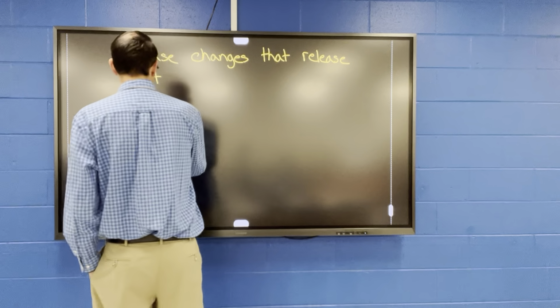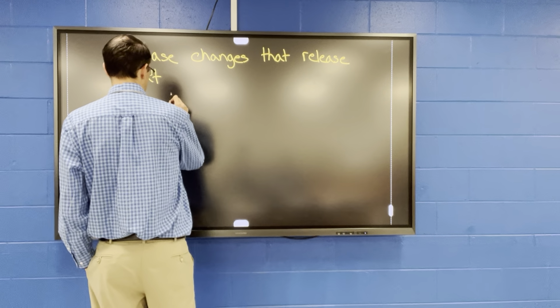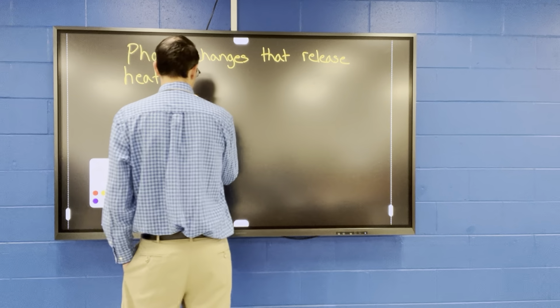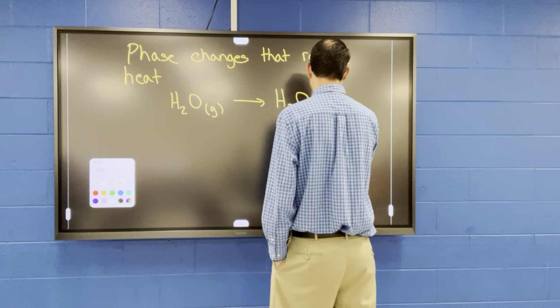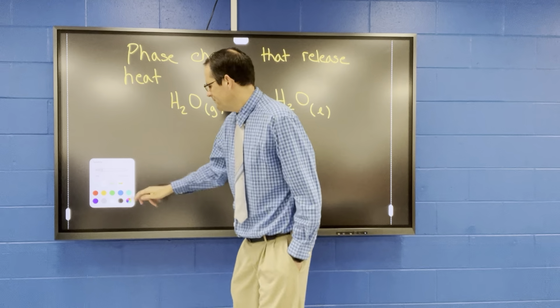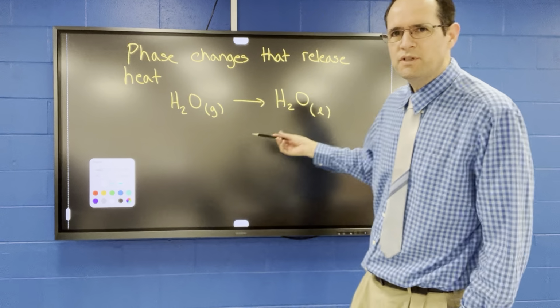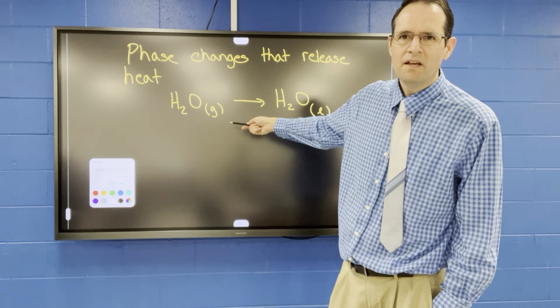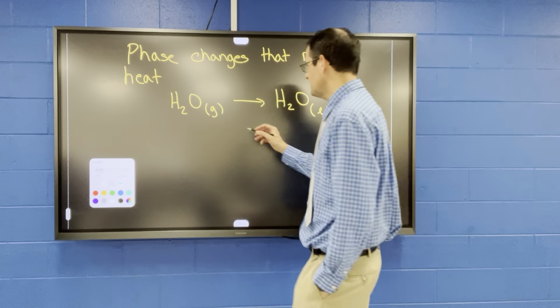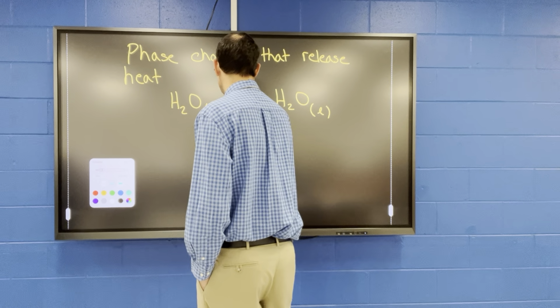So if we have steam, for example, you may forget the abbreviations we talked about in chemistry, so I'll just say what these are. So G stands for gas. Okay.